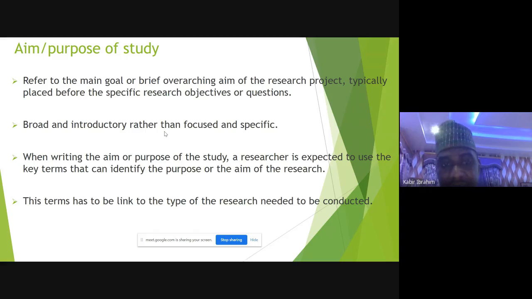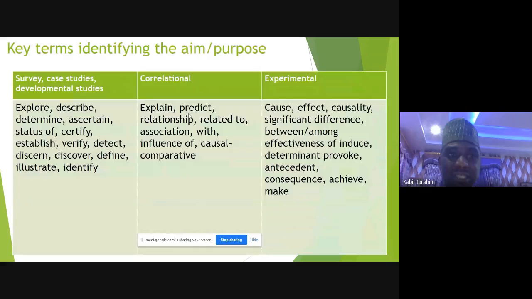So these terms are to be linked to the type of research to be conducted. These key terms that identify the aims or purpose relate to types of research. We have survey research, case study, developmental studies, and so on.